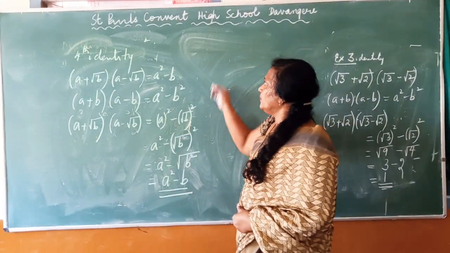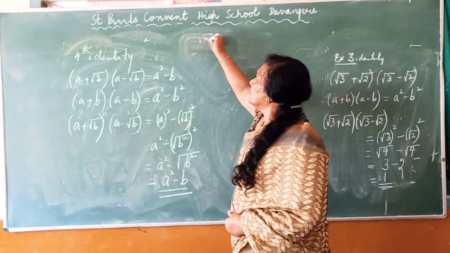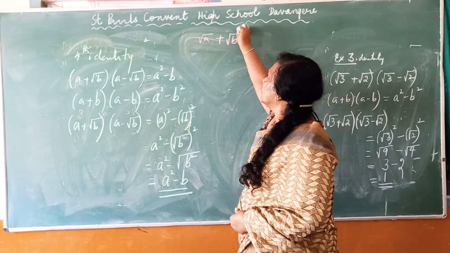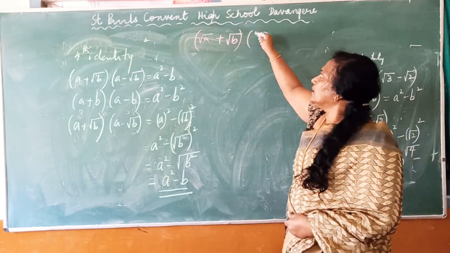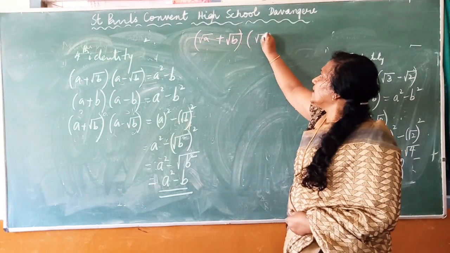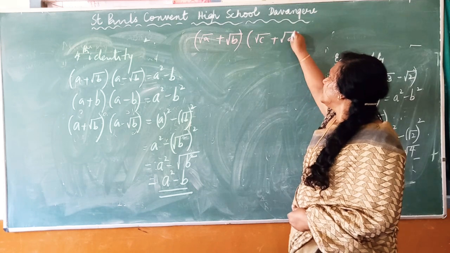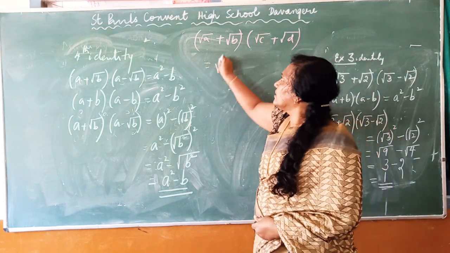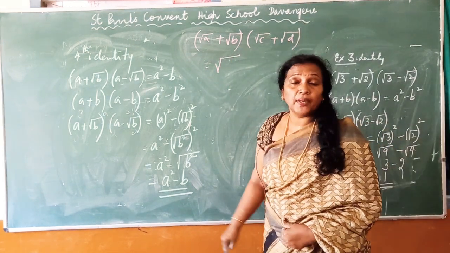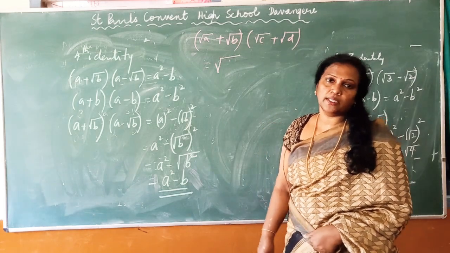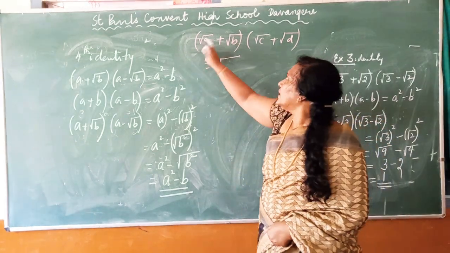Fifth identity: root a plus root b into root c plus root d. You know how to multiply the binomial expressions, no children? Same way, the orders are the same.